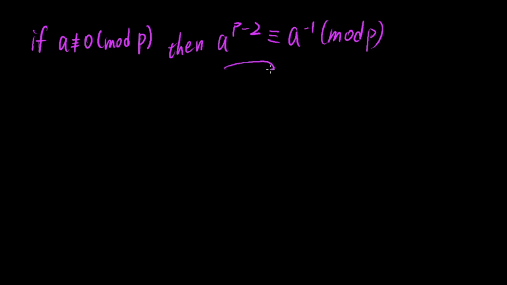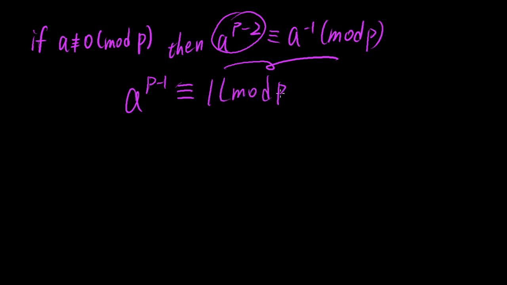How can we show this? It is very obvious that when we encounter an exponent that is near p minus 1, we can think about Fermat's little theorem, right? Fermat's little theorem tells us this thing.